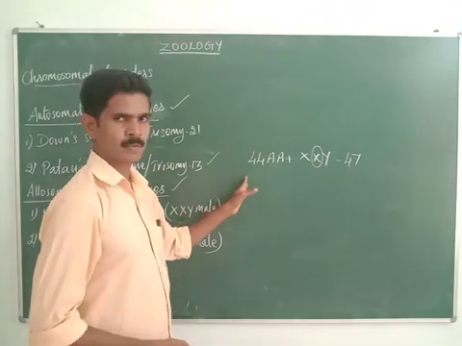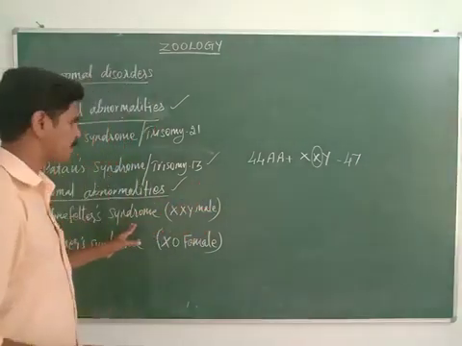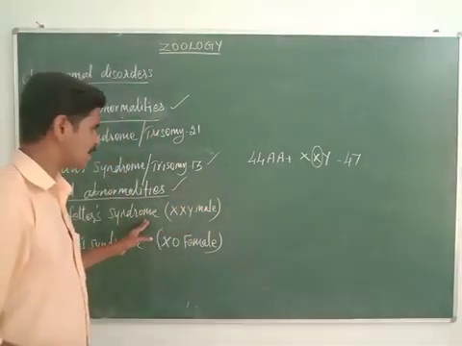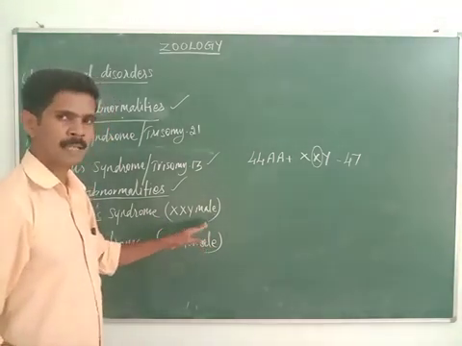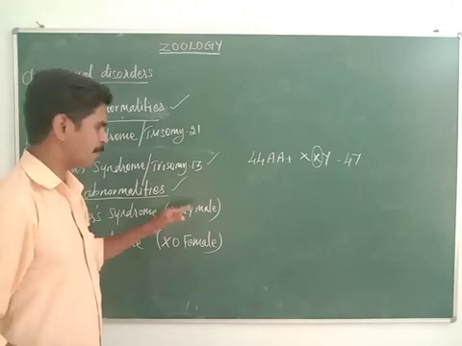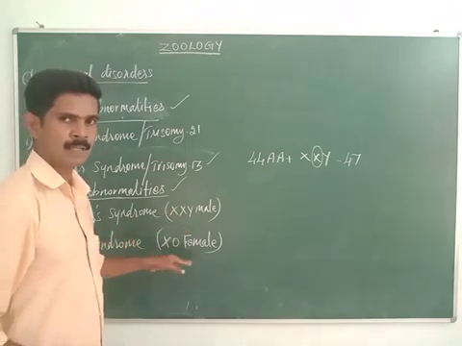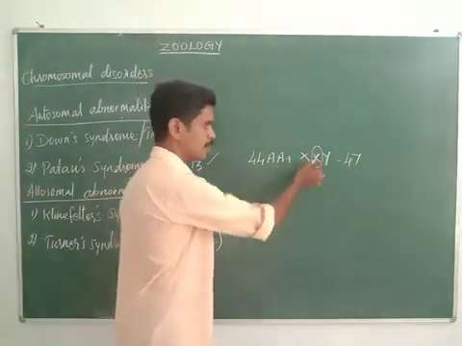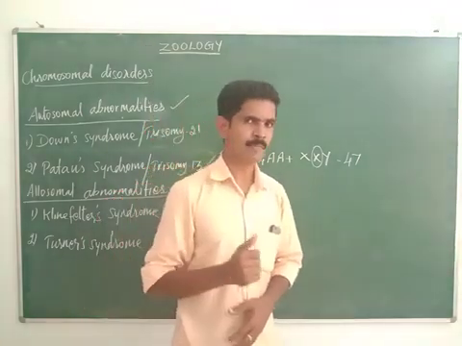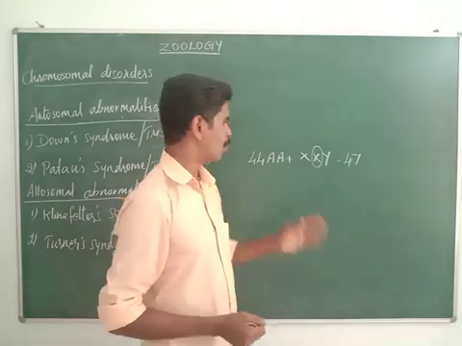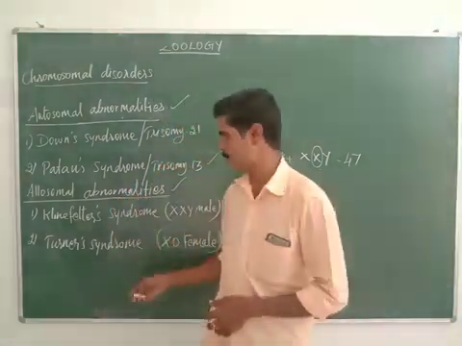Hope you understood the meaning of Klinefelter syndrome. Klinefelter syndrome is otherwise called XXY male, because this disorder mostly affects males, and the affected person gets one more additional X chromosome, so they have 47 chromosomes instead of 46.